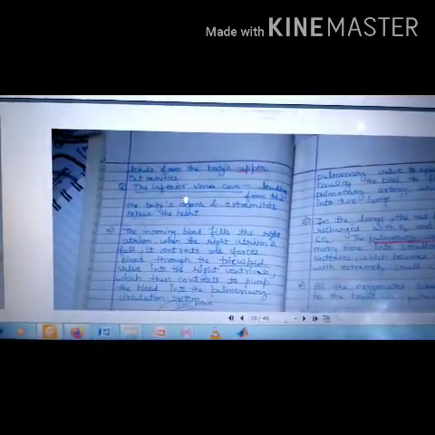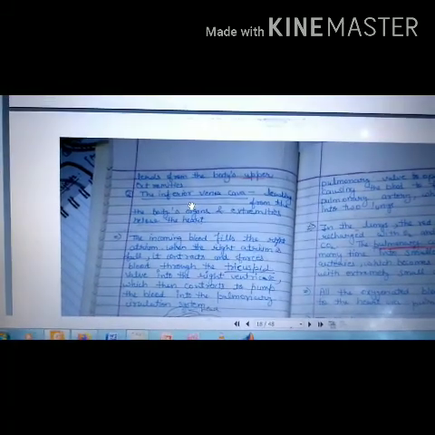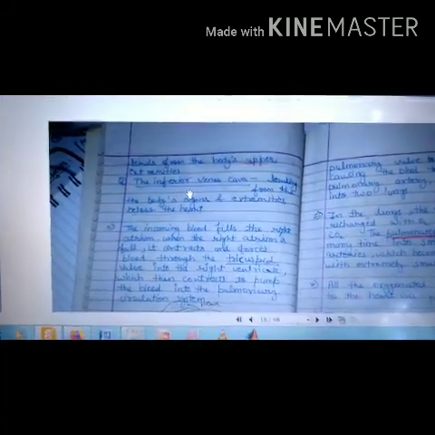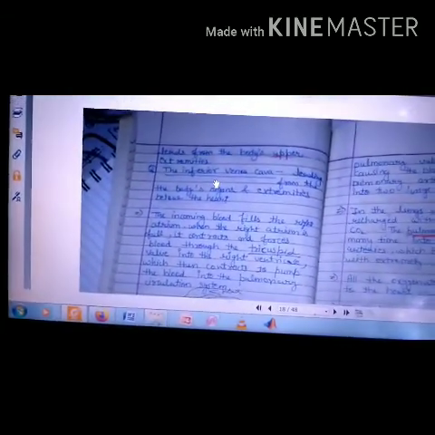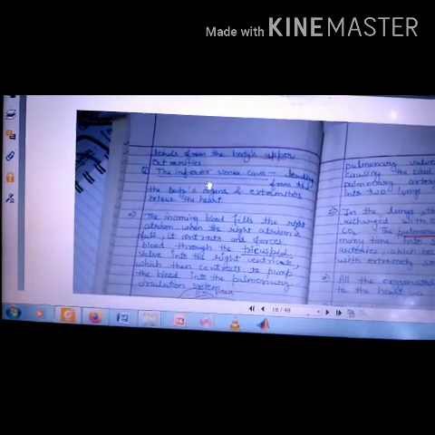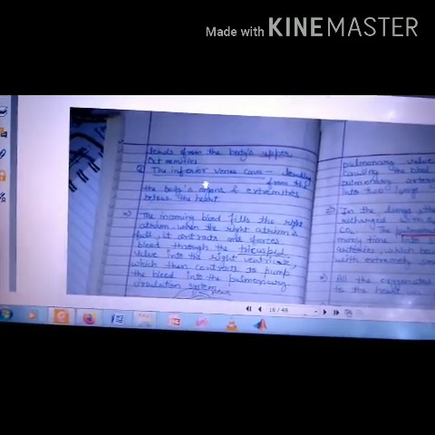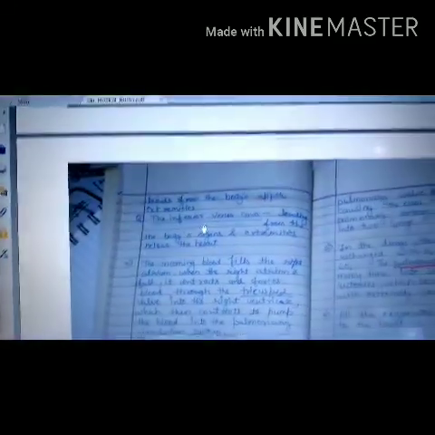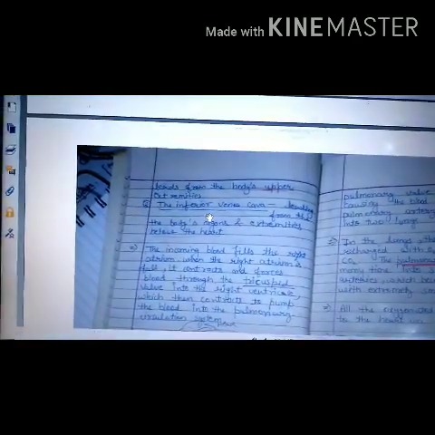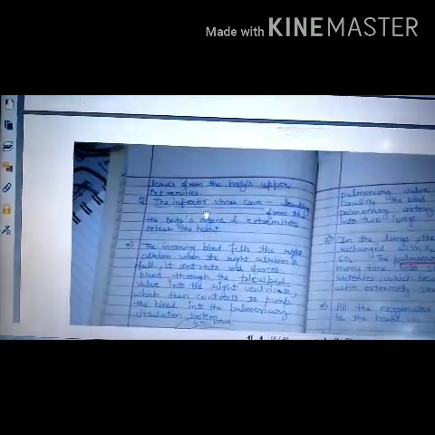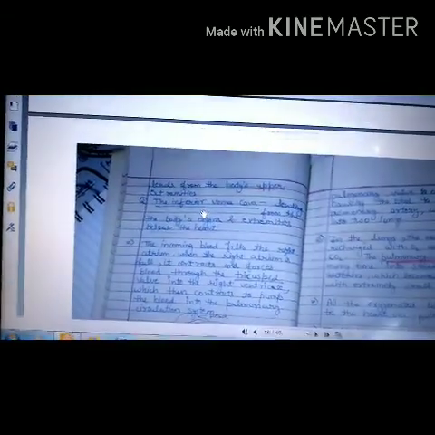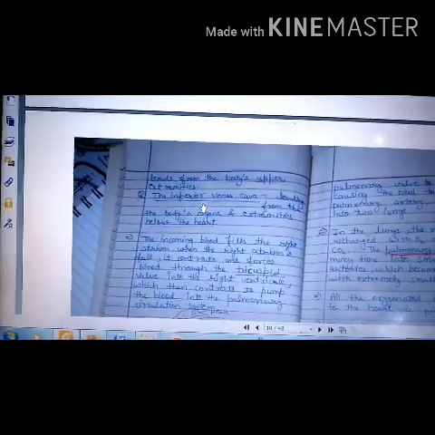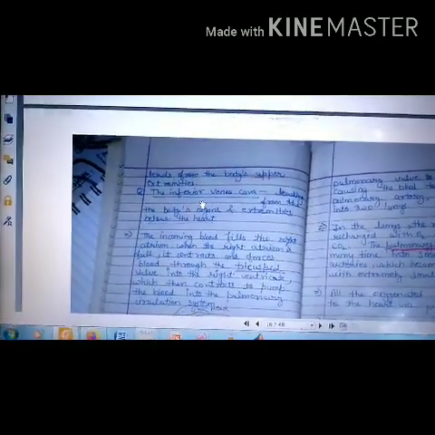So any blood flow from the organs which are positioned above the heart, like human brain and human facial organs and salivary glands and different glands, blood flows from them through superior vena cava into the heart, and from other parts of the body like our lungs, kidneys, liver, stomach, intestine and rest of the parts which are below the heart, inferior vena cava brings the blood to the human heart from these organs.